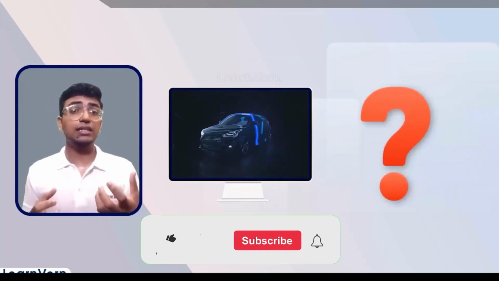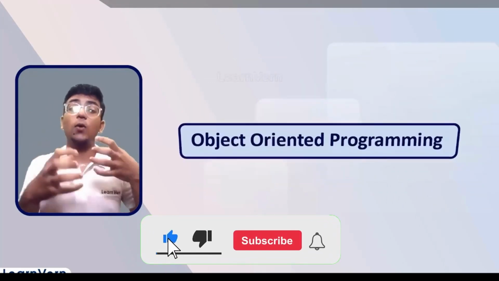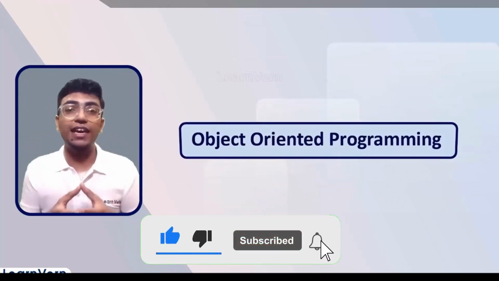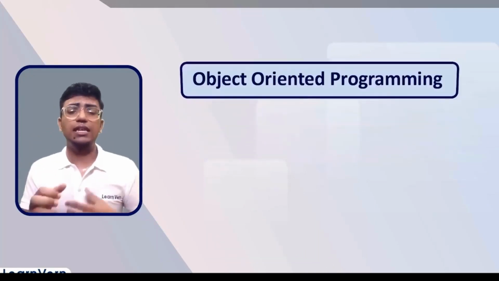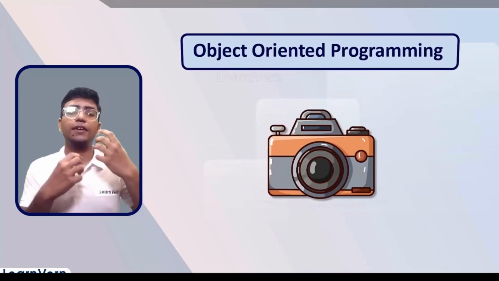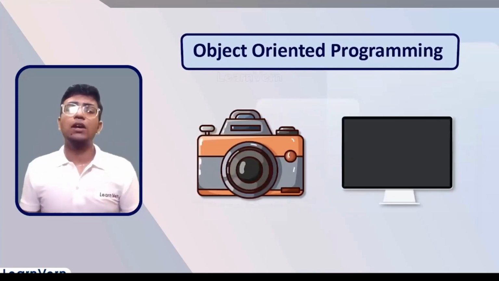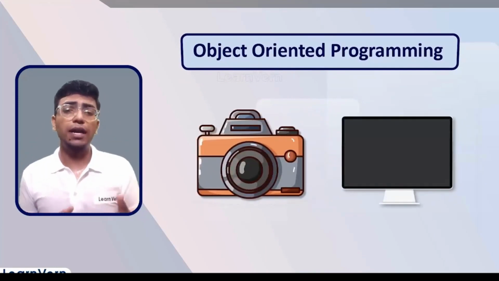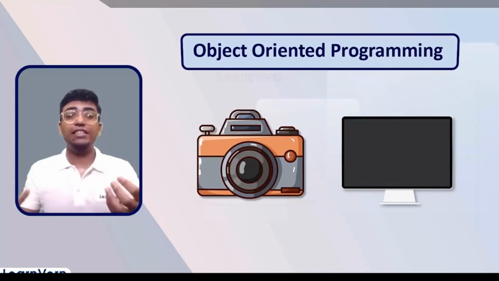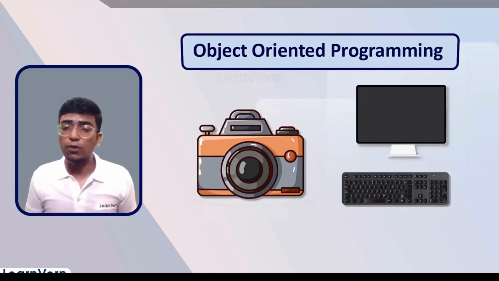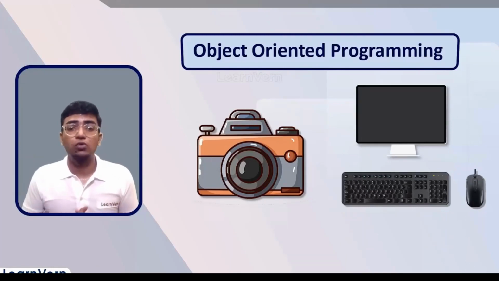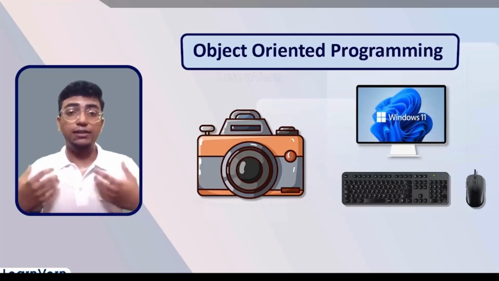Now, how will we do this? We will do this with the help of object-oriented programming. We will understand it with one more example. If we have a computer in front of us and we have to represent this computer in our computer, what are the qualities of a computer? It has a keyboard, a mouse, and a screen. Apart from that, there is also an operating system working in it.